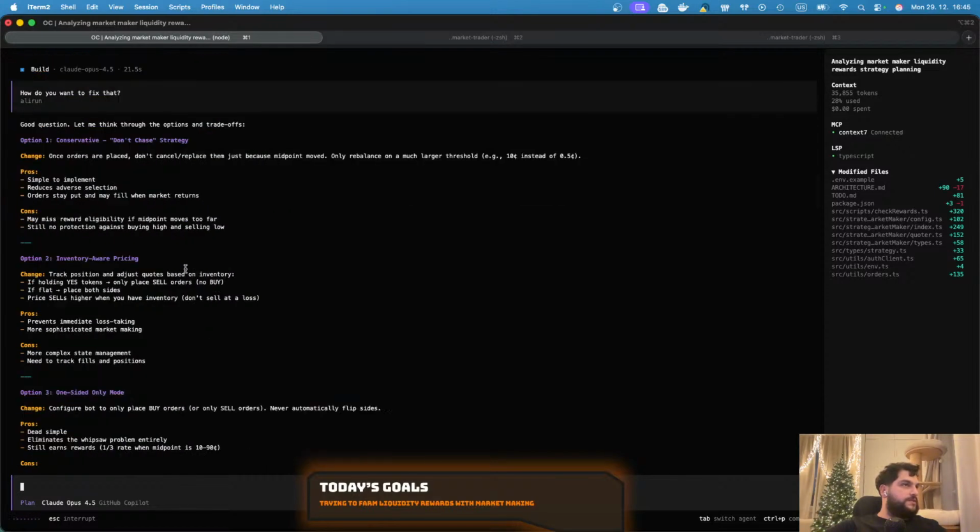One, conservative, don't chase strategy. Once orders are placed, don't cancel and replace them just because the midpoint moved. Only rebalance on a much larger threshold, 10 cents instead of the offset.